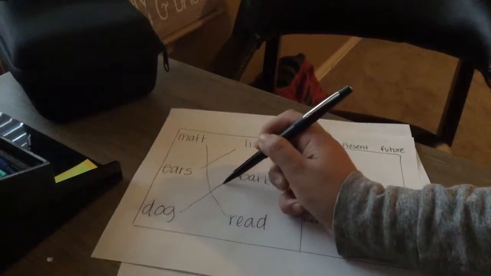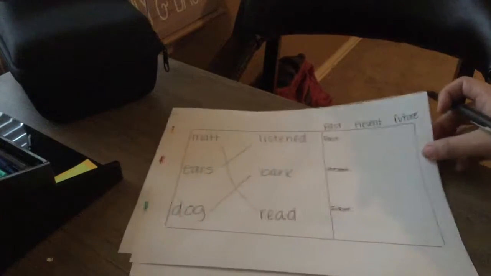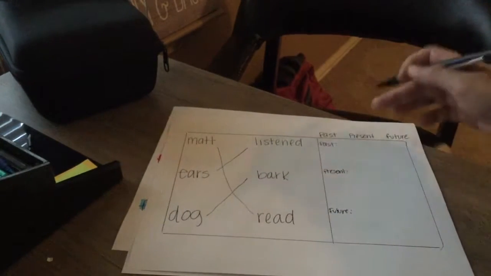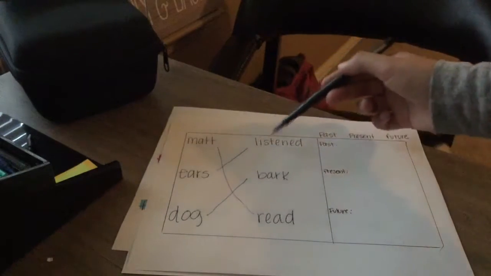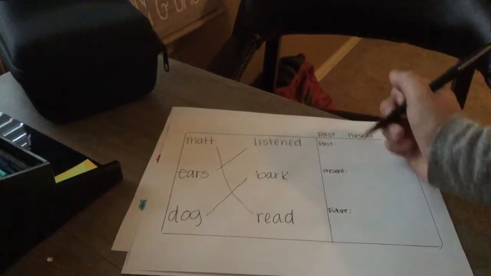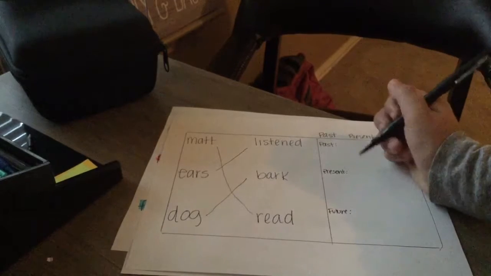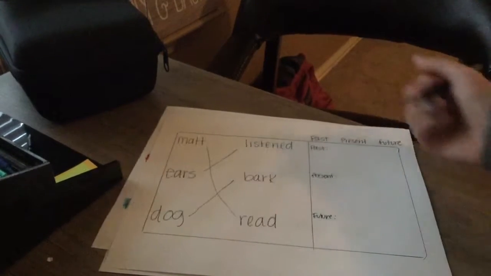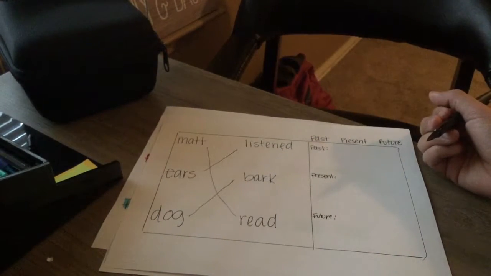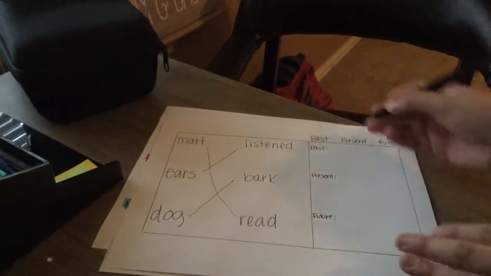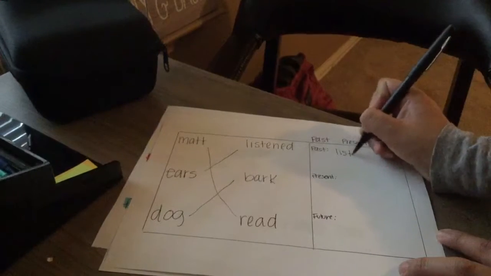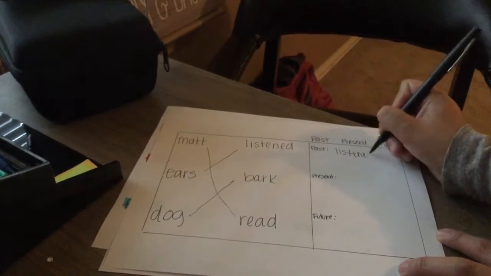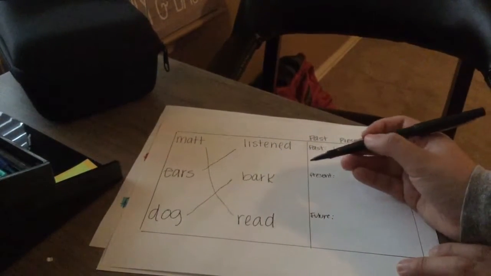Good job, Susie. Now let's go ahead and classify these as past, present, or future. My ears listened. Listened. Would that be past, present, or future? Good job, Juan. It's past. Listened. What about bark?